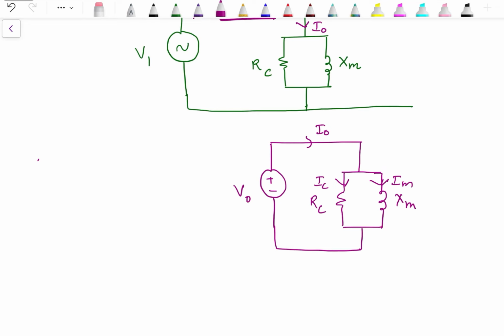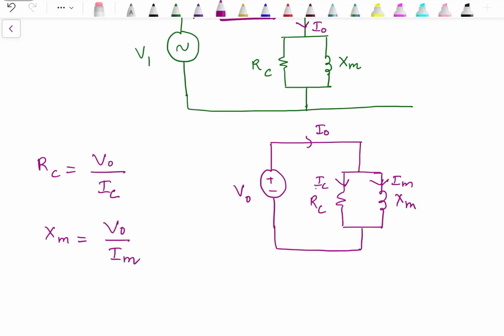Now the voltage across RC is V naught, and the voltage across XM is V naught. If we know the values of IC and IM, then we can calculate the values of RC and XM. So RC can be calculated as V naught upon IC, and XM can be calculated as V naught upon IM. So this is how we get the values of two equivalent circuit parameters, RC and XM, from the no load test.